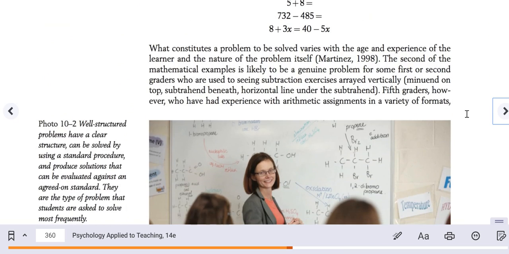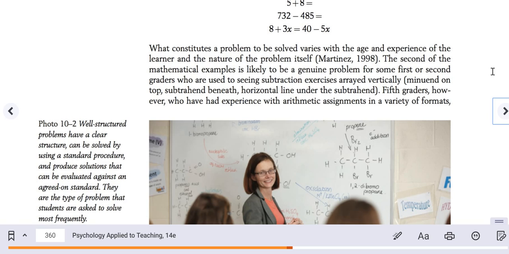What constitutes a problem to be solved varies with the age and experience of the learner and the nature of the problem itself. The second of the mathematical examples is likely to be a genuine problem for some first or second graders who are used to seeing subtraction exercises arrayed vertically, minuend on top, subtrahend beneath, horizontal line under the subtrahend.